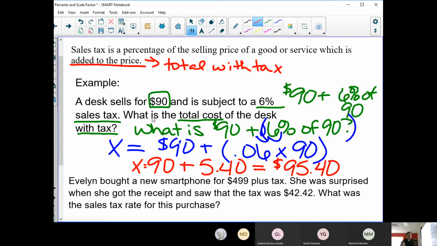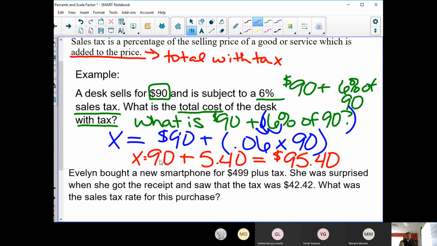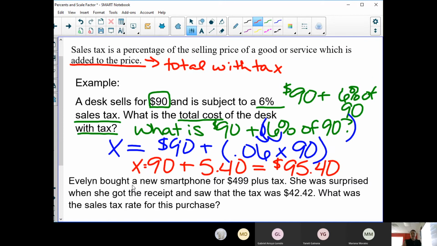Let's do another example together, and then you're going to do one. How did I get 0.06? So let me do it up here. When we change a percent to a decimal, Yariel, remember it's the same as 6 divided by 100, or the percent divided by 100.